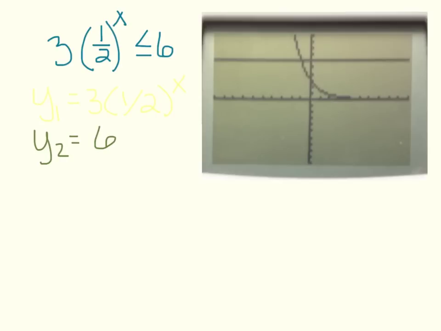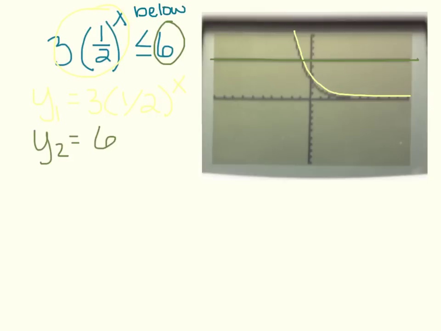When you graph it, it's going to look like this. y1 was the exponential, so that's the curvy part, and y2 is the line. We want to know where the curvy part, the yellow part, is less than or equal to the green part. So I want you to write down less than is below.